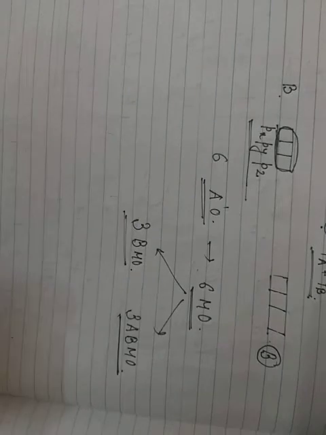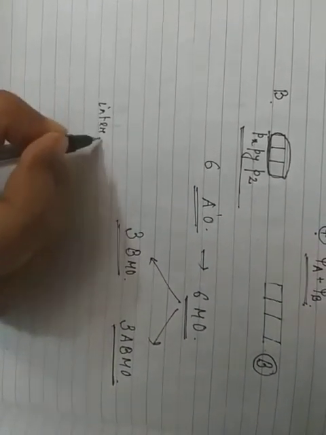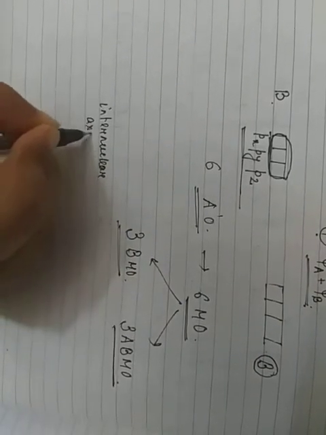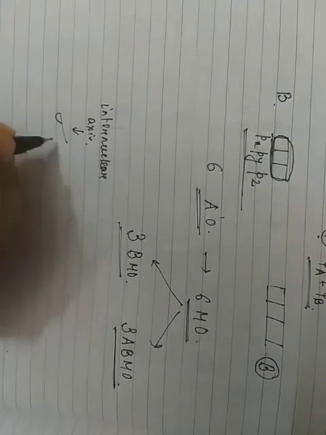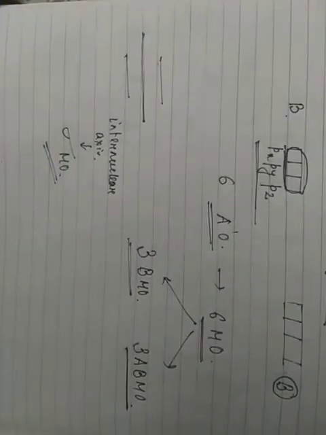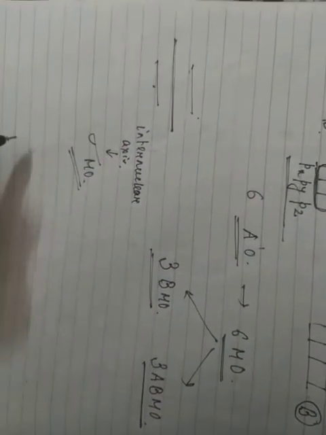Out of these 3 bonding and 3 anti-bonding molecular orbitals, the one formed along the internuclear axis is known as the sigma molecular orbital, and the one perpendicular to the internuclear axis, above and below the internuclear axis, is the pi molecular orbital.